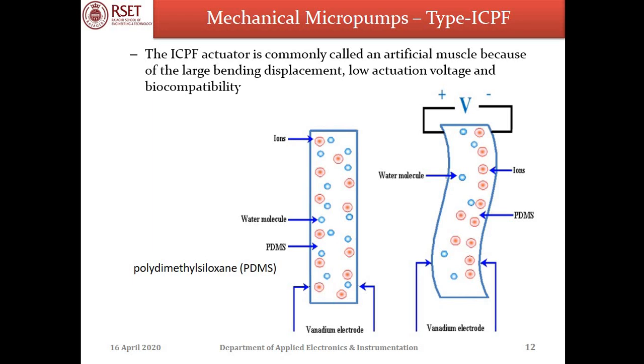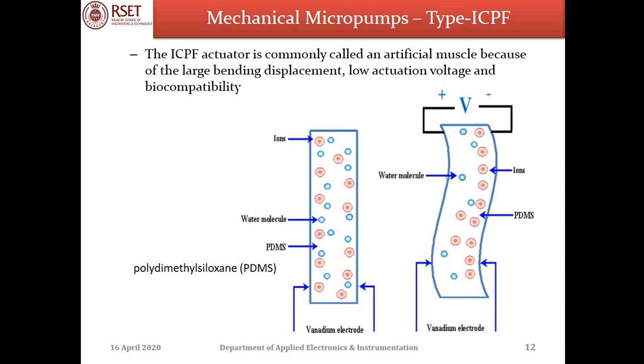Now this particular micropump is used in aqueous environments, as I've told you in the very beginning. So when an electric field is applied, all the positive ions will start moving towards the cathode along with water molecules. This ionic movement causes the cathode to expand and the anode to shrink.